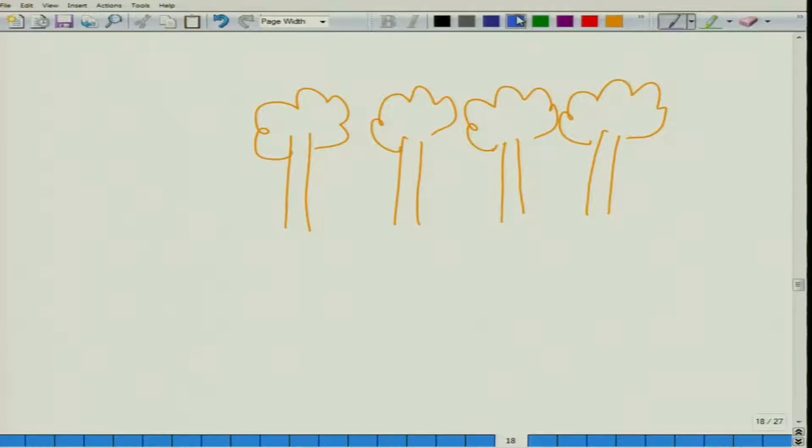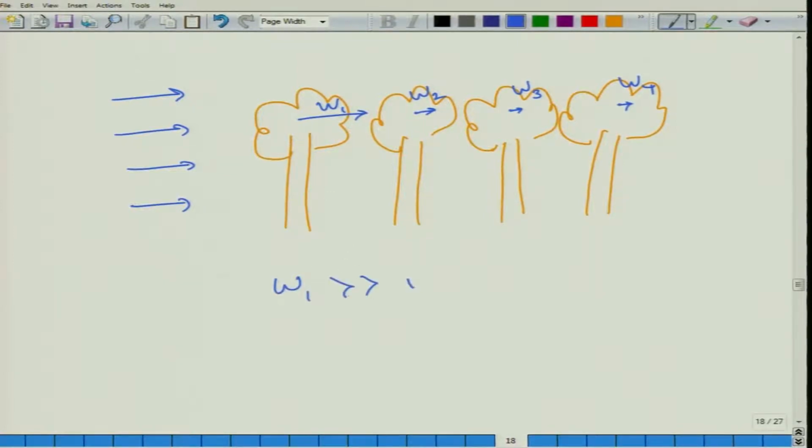Now, suppose we look at the wind pressure. The outermost tree will face a lot of wind pressure W, but this pressure is then shielded. So, this tree will face a very little wind pressure, and so will all the other trees: W1, 2, 3, 4. Essentially W1 will be very much greater than W2, W3 or W4 and so on.